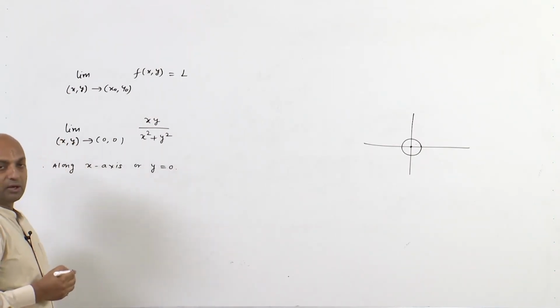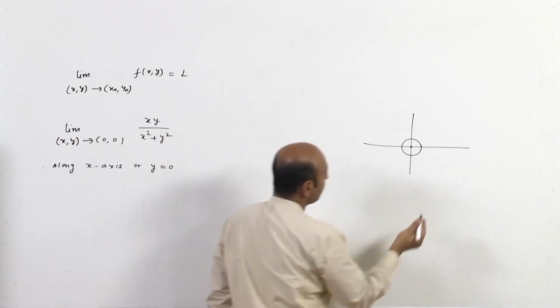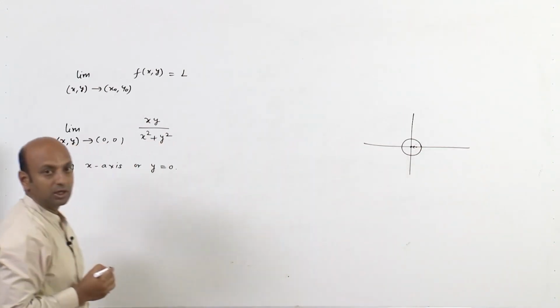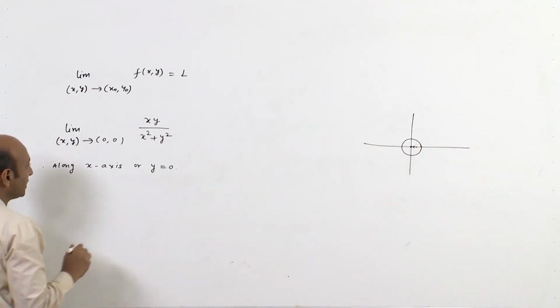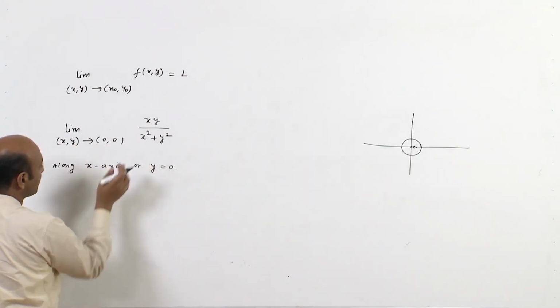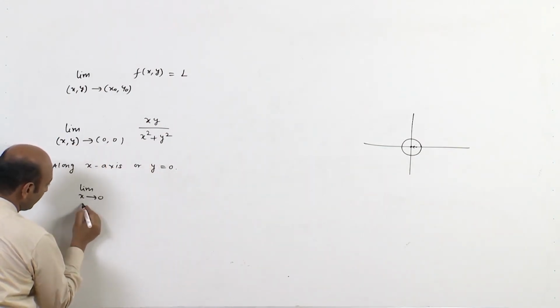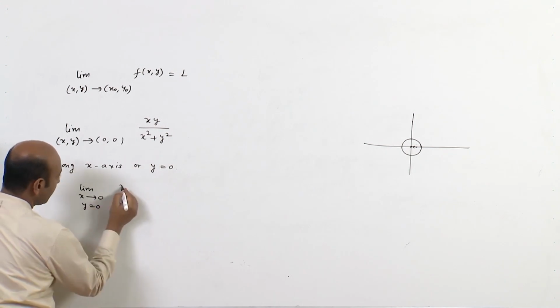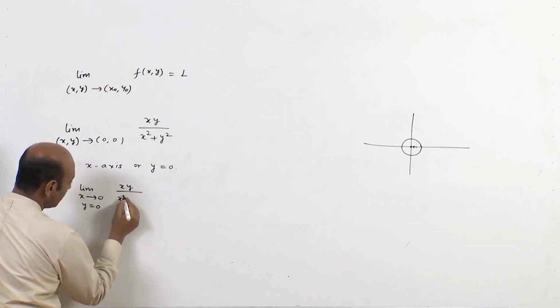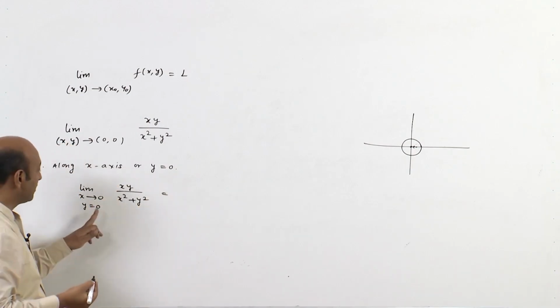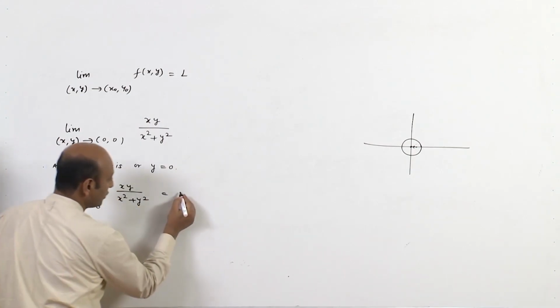Now, if we move along y equal to 0, if you follow this path, then what is the limit of this expression? It is the limit as x tends to 0, with y equal to 0, of xy upon x square plus y square, and when you substitute y equal to 0, the value is 0.